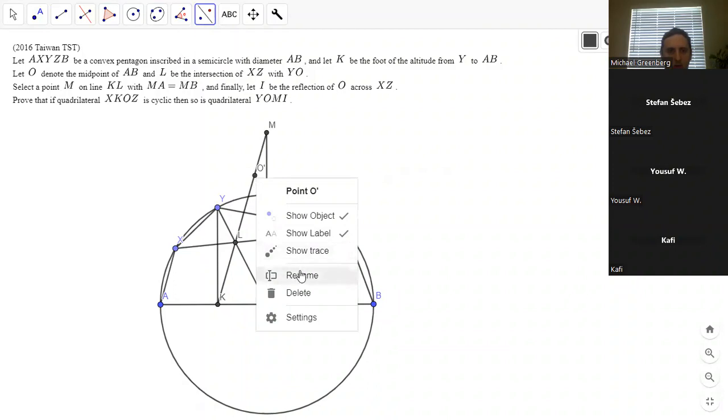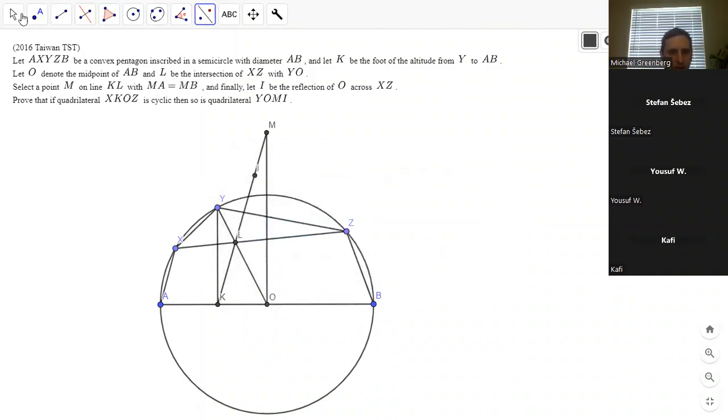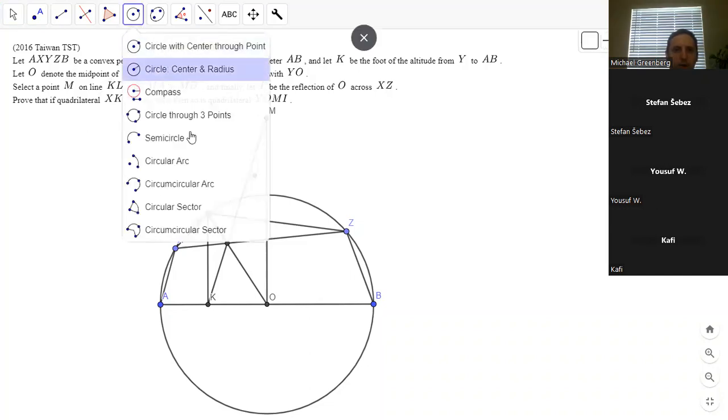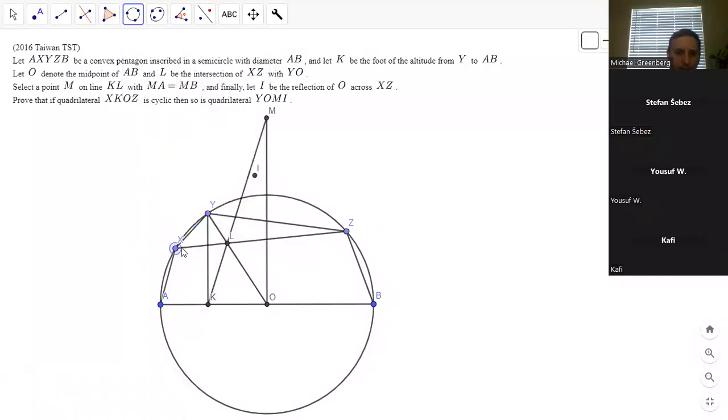Is it obvious that I lies on that? Let me move things around, see if that's... no, that's not necessarily true. Okay, that's I. Prove that if XKOZ is cyclic, then so is YOMI. Right now it's pretty clear that YOMI is not cyclic.